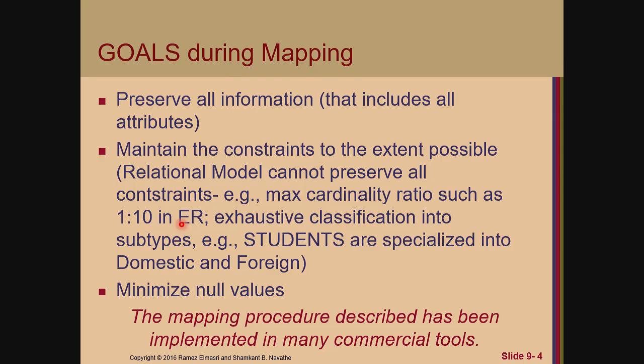If just one table, sometimes you cannot contain this kind of constraint, right? And exhaustive classification into subtypes. For example, students specialize to domestic and foreign. And the goal of the mapping is to minimize null values.